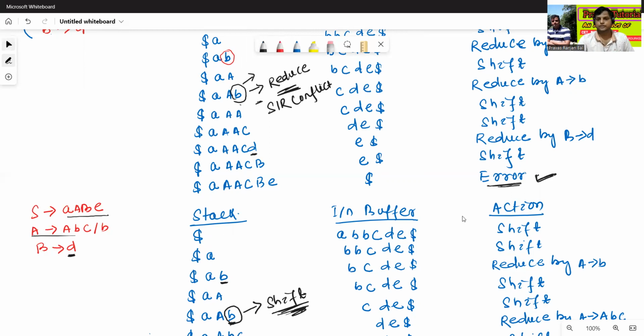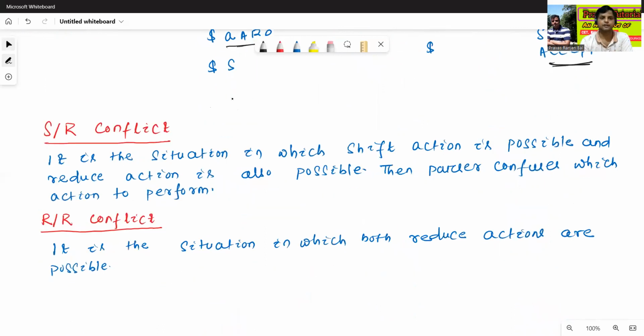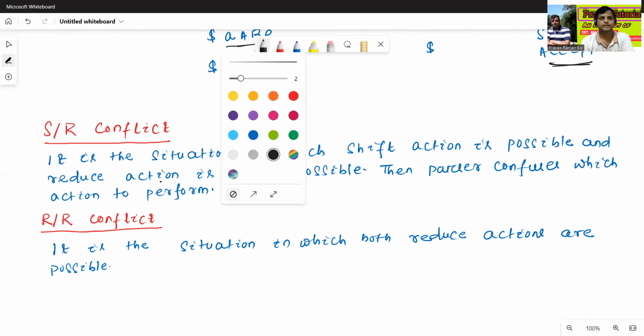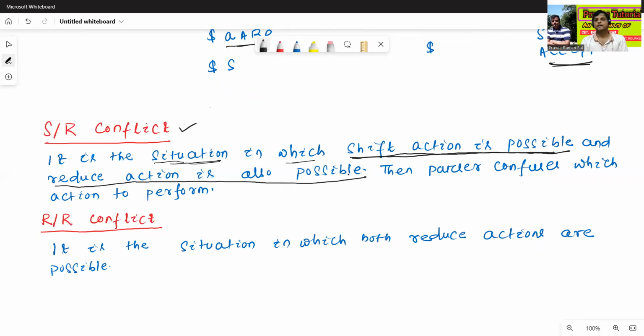So what is the meaning of SR conflict? Try to understand. SR conflict means it is a situation in which shift action is possible and reduce action is also possible.